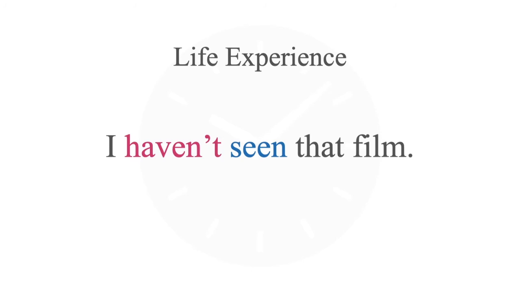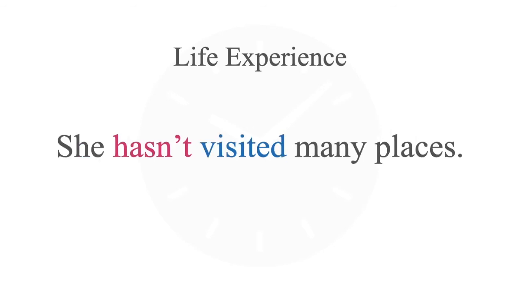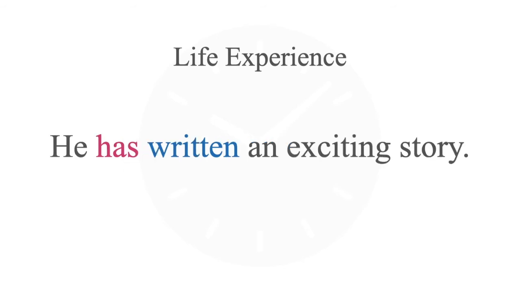Here are some more examples. I haven't seen that film. Again, we've got our haven't plus past participle verb and that film. Another example, she hasn't visited many places. He has written an exciting story.